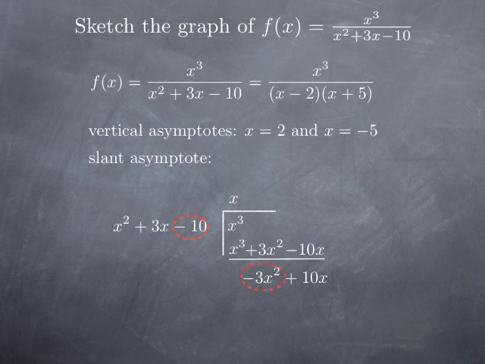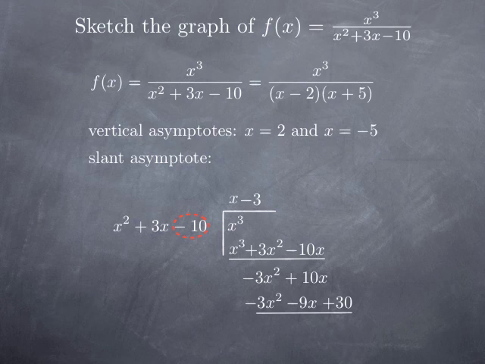Now this is of degree 2, so it is not of degree less than the degree of the divisor, so we have to iterate. So I divide negative 3x squared by x squared, I get negative 3. Multiplying negative 3 by x squared, I get negative 3x squared. By 3x, negative 9x, and by negative 10, positive 30.